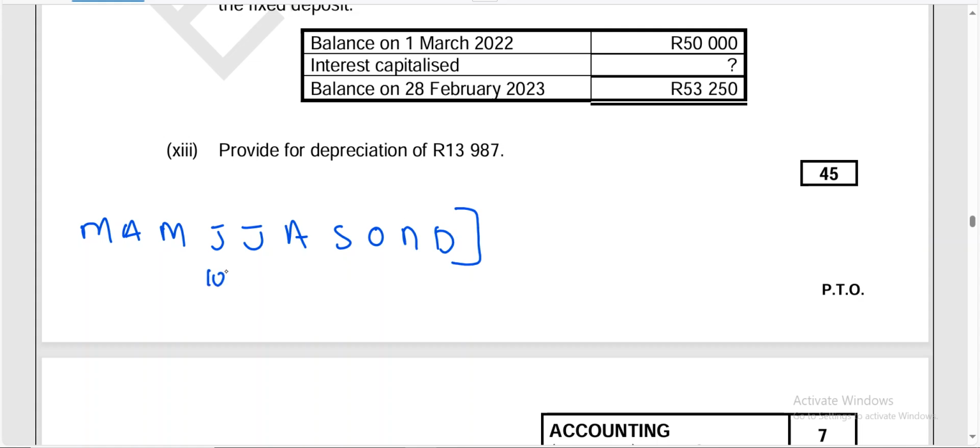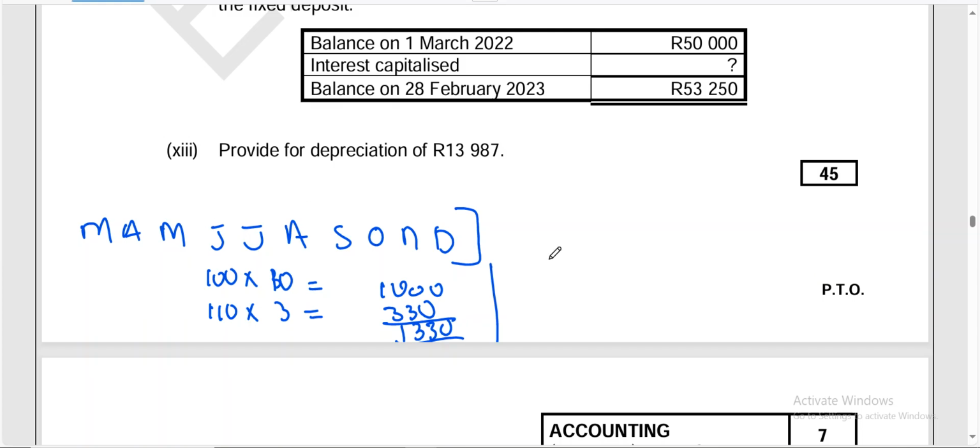So if you say 100 multiplied by 10, it is going to give you 1,000. And then remember, they said the rent was increased by 10%, so which means it became 110%. So if you multiply it by 3, it's going to give you 330, and then the sum of the two will be 1,330.